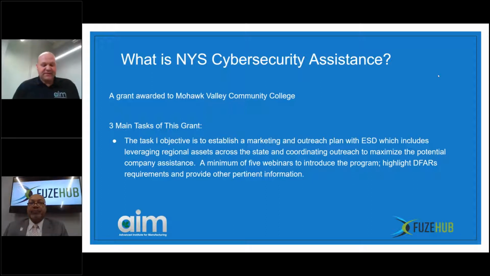Number one is to establish a marketing and an outreach plan with Empire State Development, which includes leveraging regional assets across the state and coordinating outreach to maximize the potential company assistance. A minimum of 5 webinars to introduce the program and highlight the DFARS requirements and provide other pertinent information.